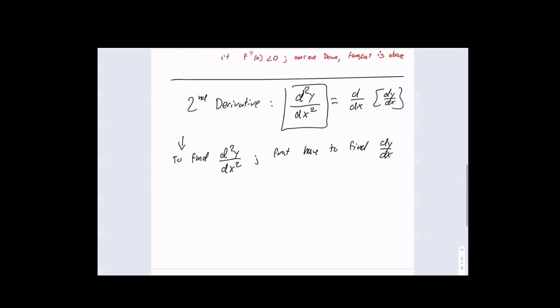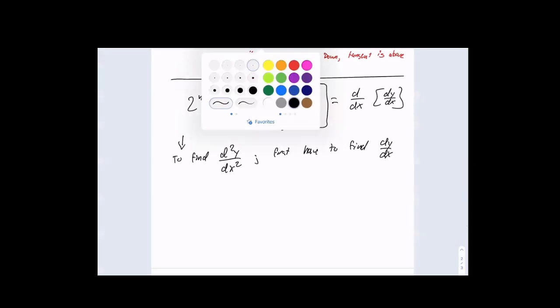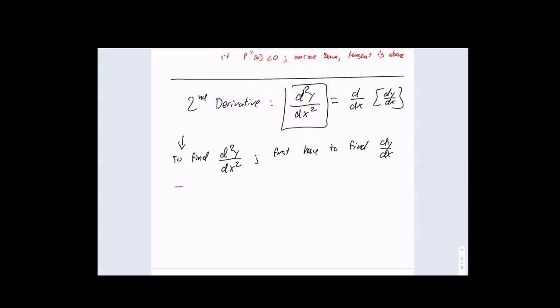To find a second derivative, you need to find the first derivative, and you will most likely need to use the quotient rule. Don't worry about simplifying.